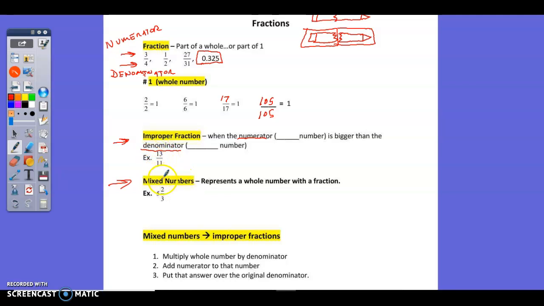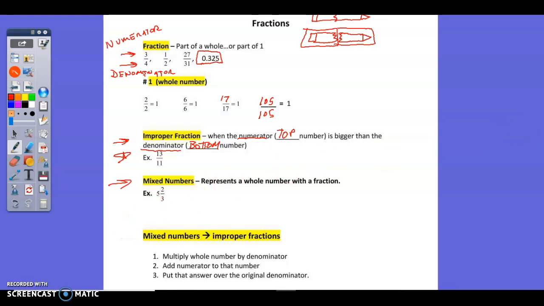Over here, we have what's called an improper fraction, and that is basically when your numerator, which is the top number, is bigger than the denominator, which is your bottom number. Now, I prefer improper fractions. I think as we are manipulating fractions and working with numbers, improper fractions will make life easier for us.